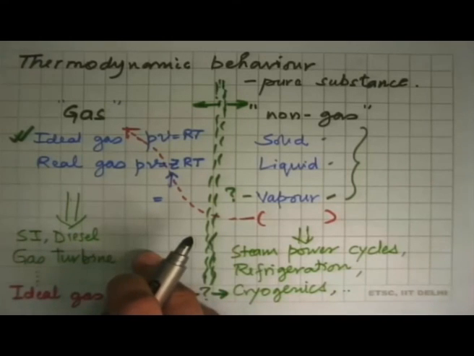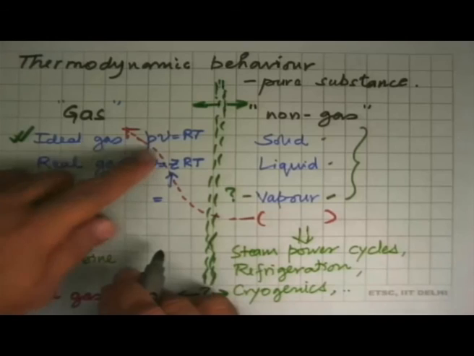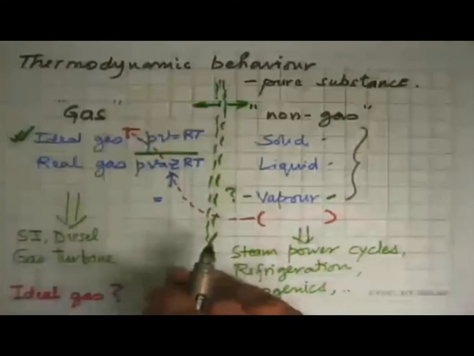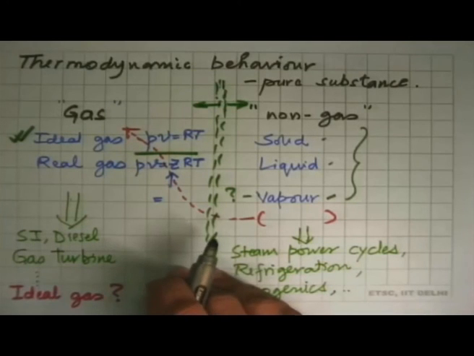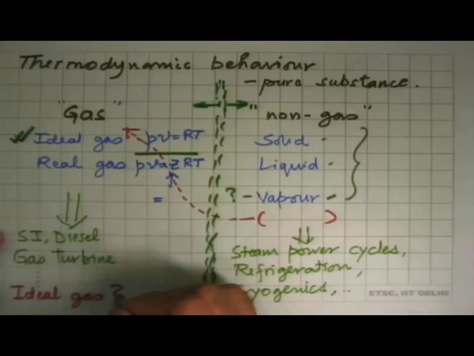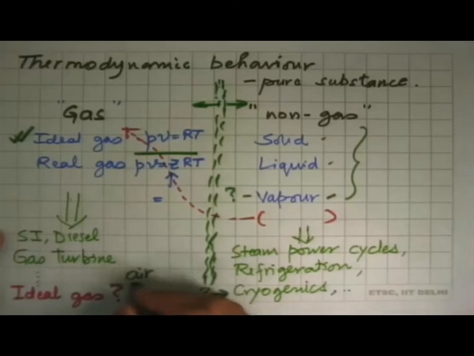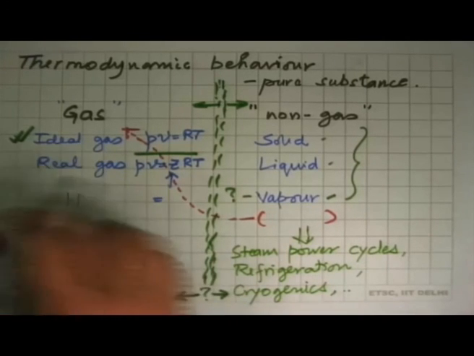Now let's look at the analysis, apply the laws, and see how much work it produces, how much heat do I need to give. The analysis becomes very, very elegant and simple because the equation of state, PV equal to RT, is very nice to deal with. So life becomes very much easier. But it is true only as long as the working substance is an ideal gas, which in our case we assume that it is air, which we assume to be an ideal gas, and so we can do all the analysis here.